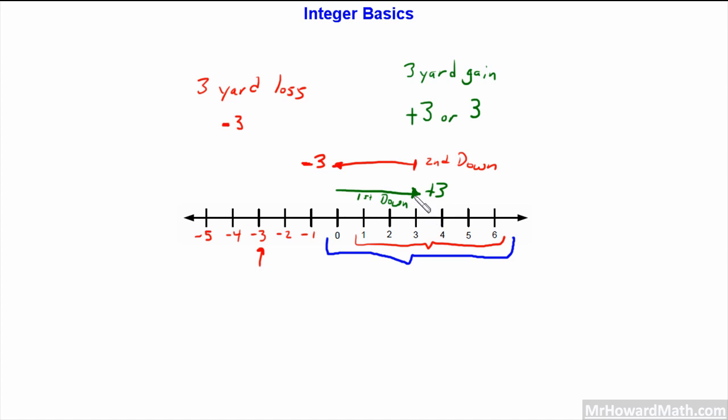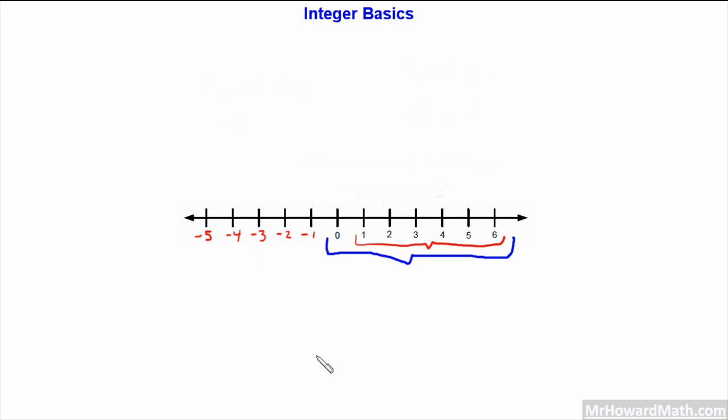All right, so let's do another analogy here. I've erased some of that, and let's do this again. Let's talk money. Let's say that a way to model this with integers is that you have a bank account and you put in a $5 deposit, which means you put $5 in.